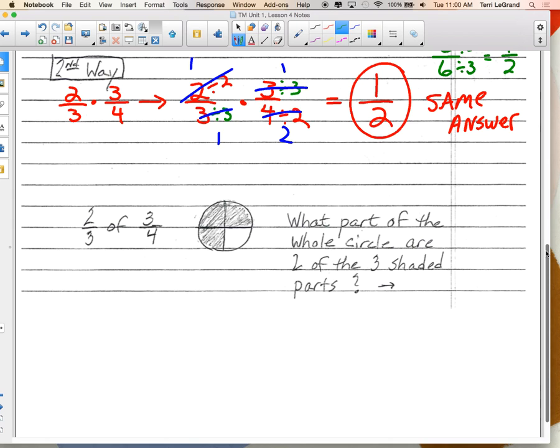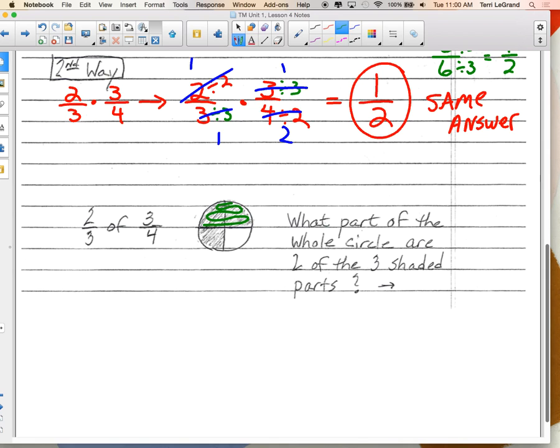Well, we're supposed to figure out what 2/3 of it is. So what part of the whole circle are 2 of the 3 shaded parts? So we need 2 of the shaded parts, 2 of those 3. Well, wouldn't that be like these guys right here? And what part of the circle is now double shaded?